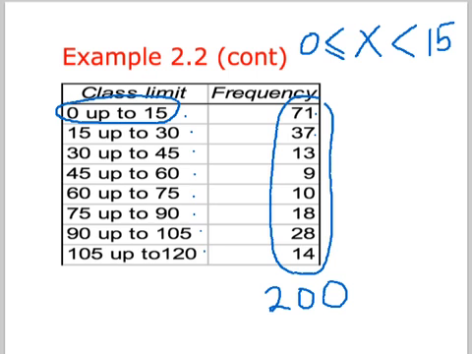Okay? So if you are spending $15, are you going to go to the first class or second class? If you're spending $15, you will go to the second class. Is that okay?